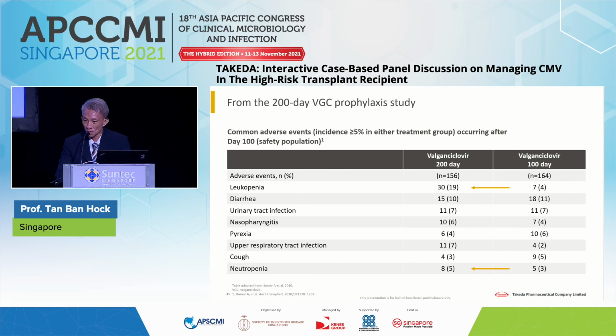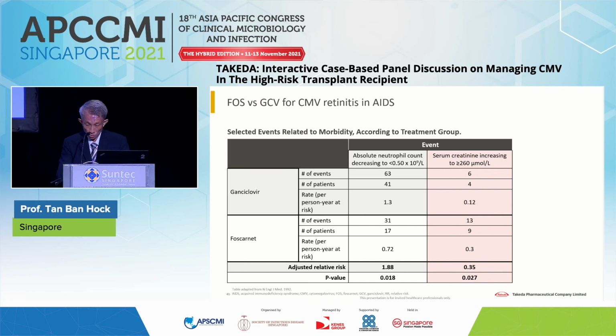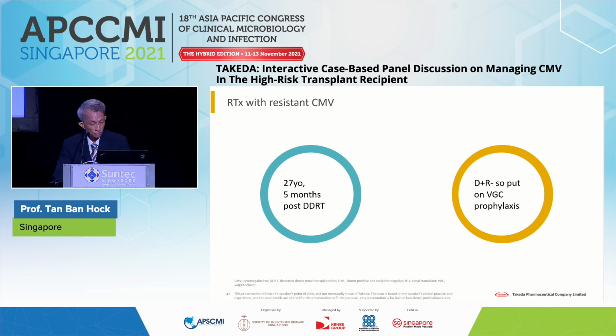Because from this 200-day Valgan prophylaxis study, we already could see, comparing the 200-day versus 100-day arm, that the 200-day arm had more cases of leukopenia and neutropenia. And the nephrotoxicity of foscarnet was demonstrated a long time ago in this very early study of CMV retinitis in AIDS, where you find that the foscarnet arm had a greater rise in creatinine.